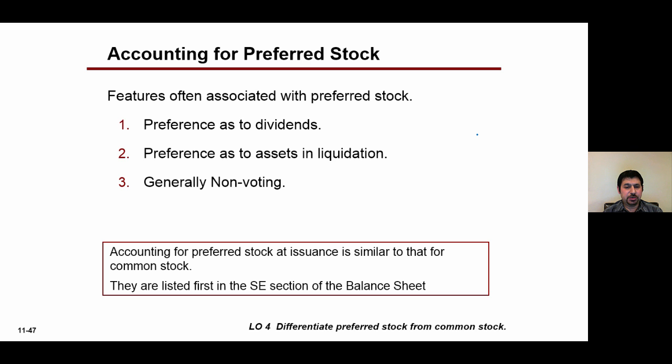The way we account for preferred stock is very similar to common stock, but we change the name from common stock to preferred stock. It is listed under the stockholders' equity section of the balance sheet before common stock, due to their privileges.